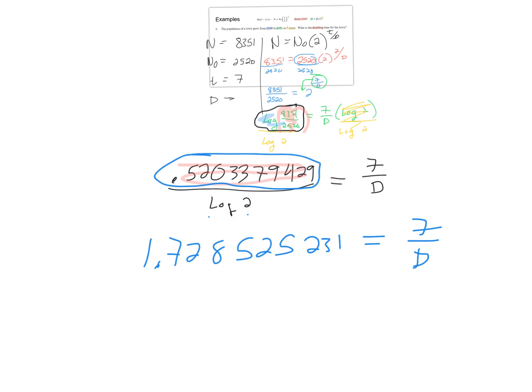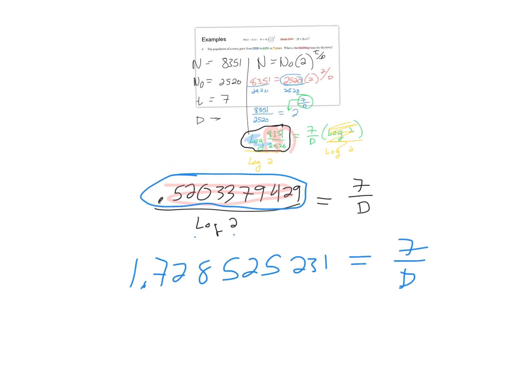Now, at this point, we have a major problem. And the problem is this guy right here. Can't have the variable in the denominator of the fraction. Now, I've seen this done multiple different ways. I've seen some math teachers say, well, that's easy, let's raise to the negative first power on both sides to flip this fraction over. And you can do that, but again, that creates a lot of confusion with my students.